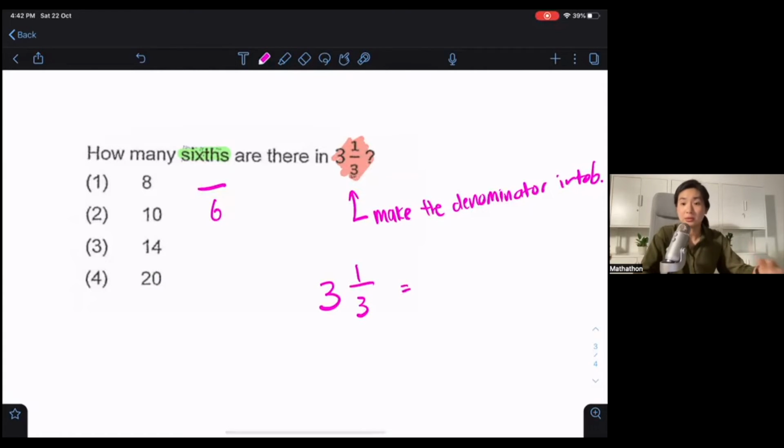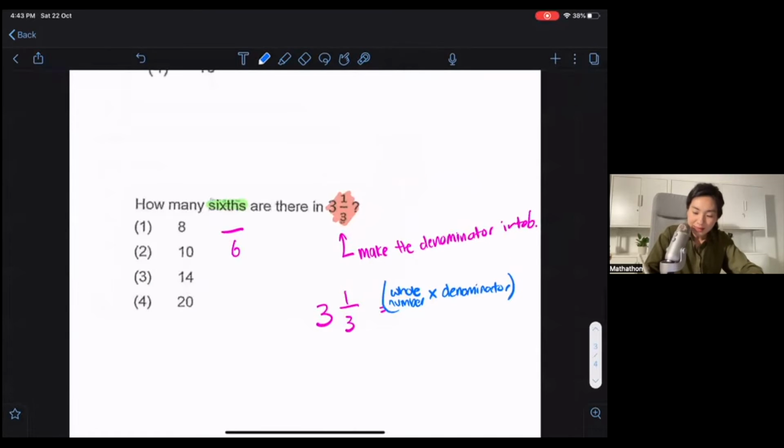What I will do is to make it into an improper fraction first. So here is a very good recap for you if you do not know till now how to convert a whole number to an improper fraction. What I'm going to do is to use the whole number multiplied by the denominator plus the numerator, out of the denominator.